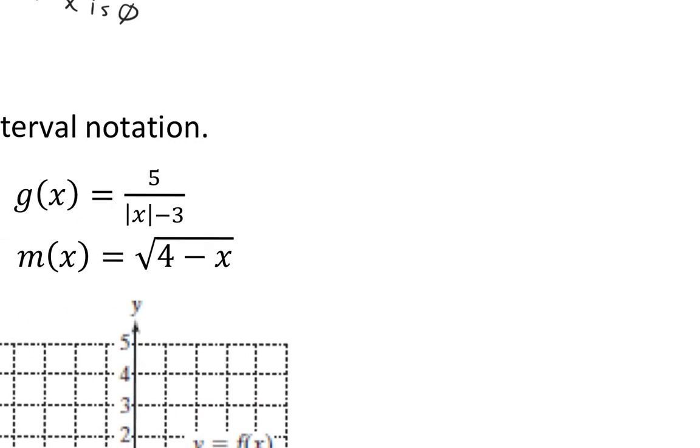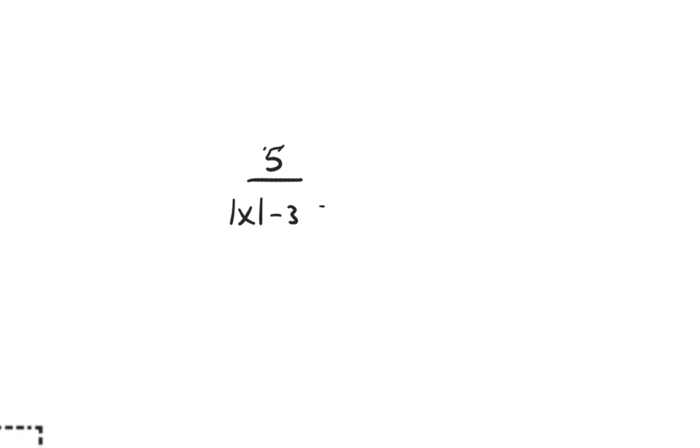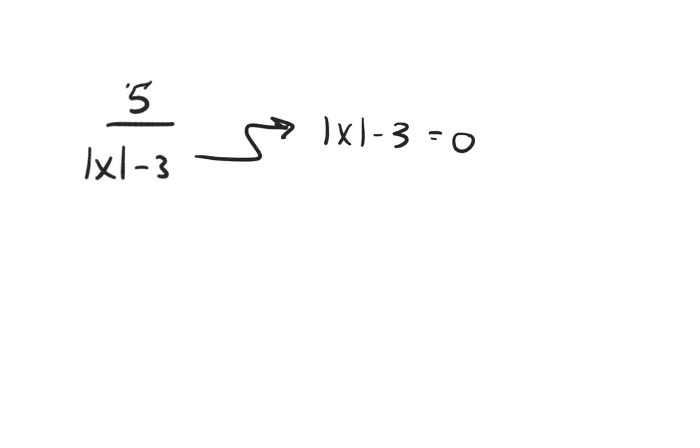Awesome. Now moving on to the next one, we have 5 over the absolute value of x minus 3. So we are worried about when the denominator equals 0.